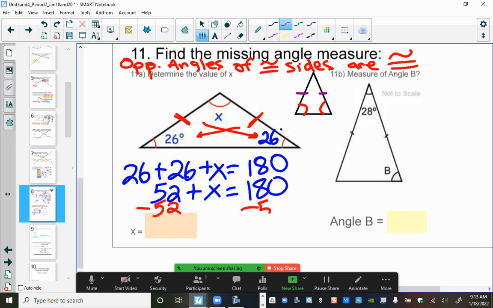So what would be 180 minus 52? 128. X is going to be 128. That's your final result. Okay, questions?